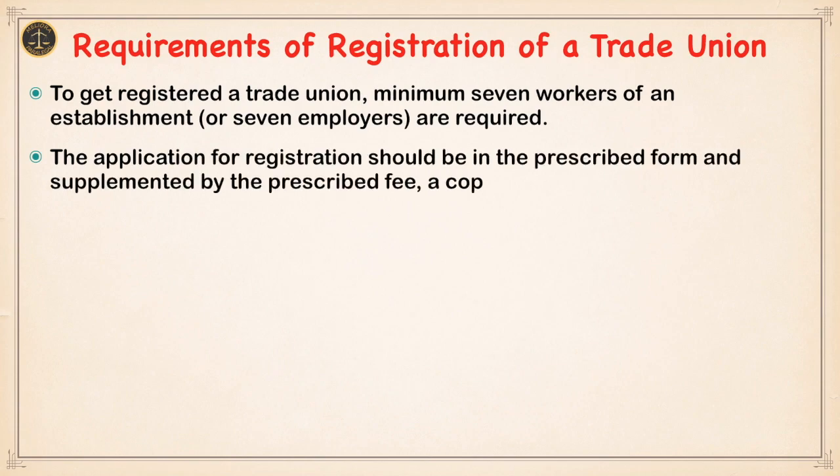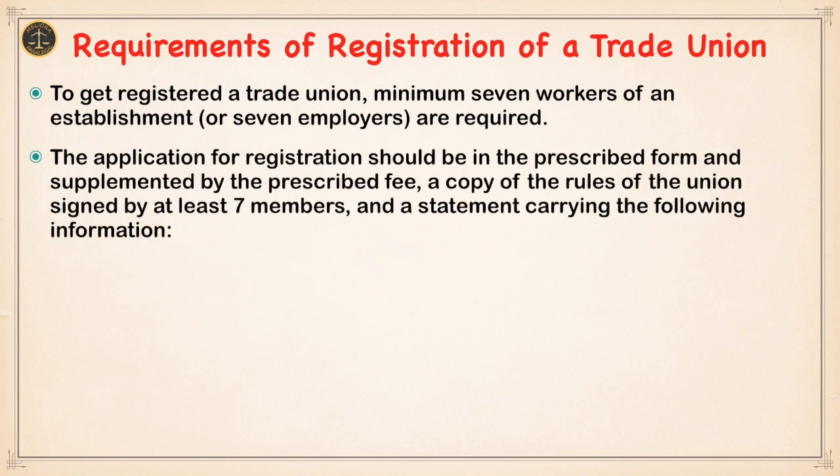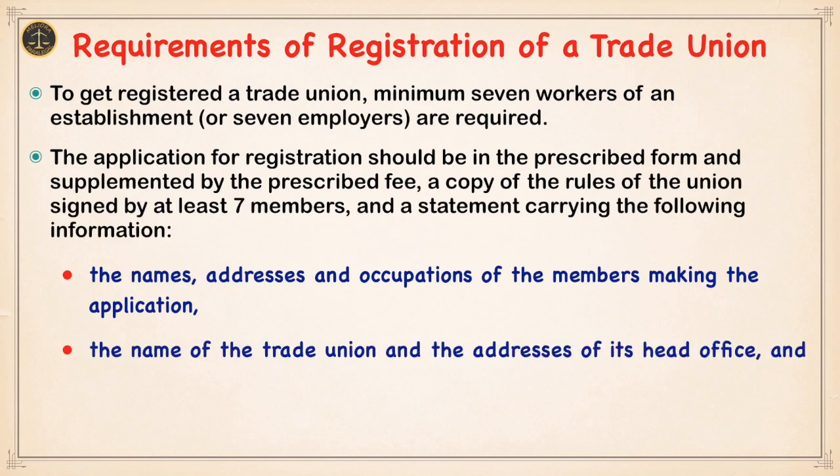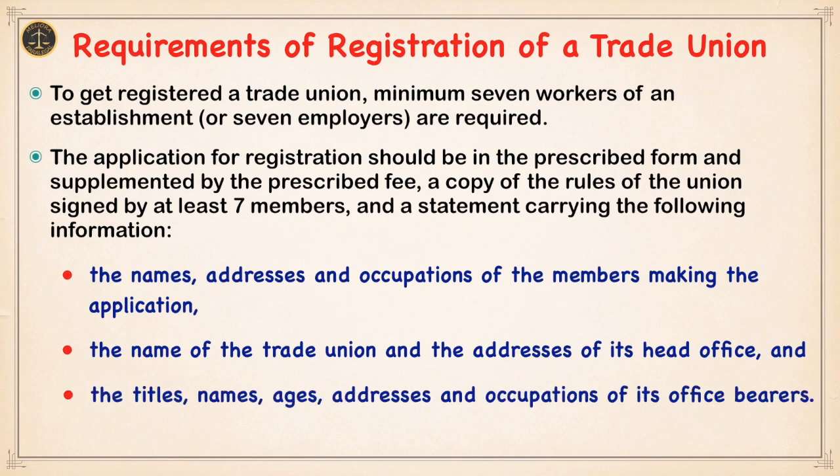The application for registration should be in the prescribed form and supplemented by the prescribed fee, a copy of the rules of the union signed by at least 7 members, and a statement carrying the following information: the names, addresses, and occupations of the members making the application, the name of the trade union and the address of its head office, and the titles, names, ages, addresses, and occupations of its office bearers.